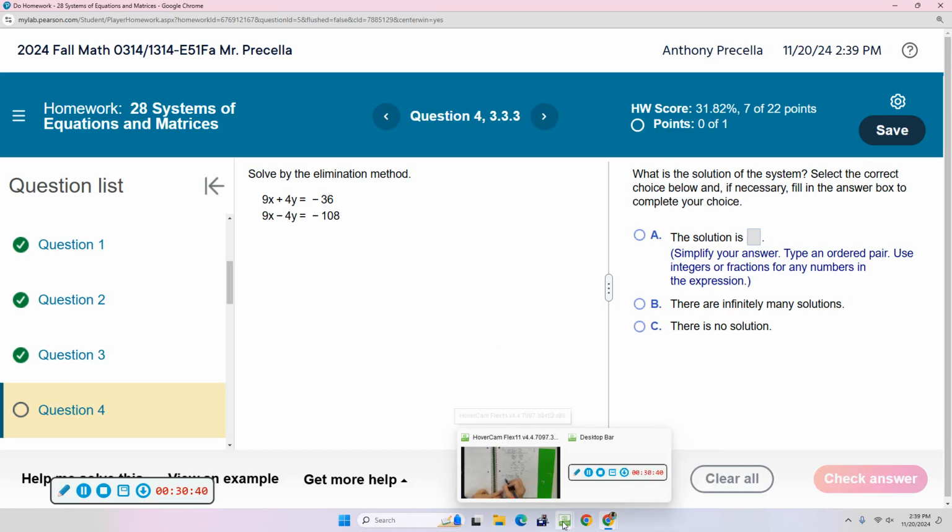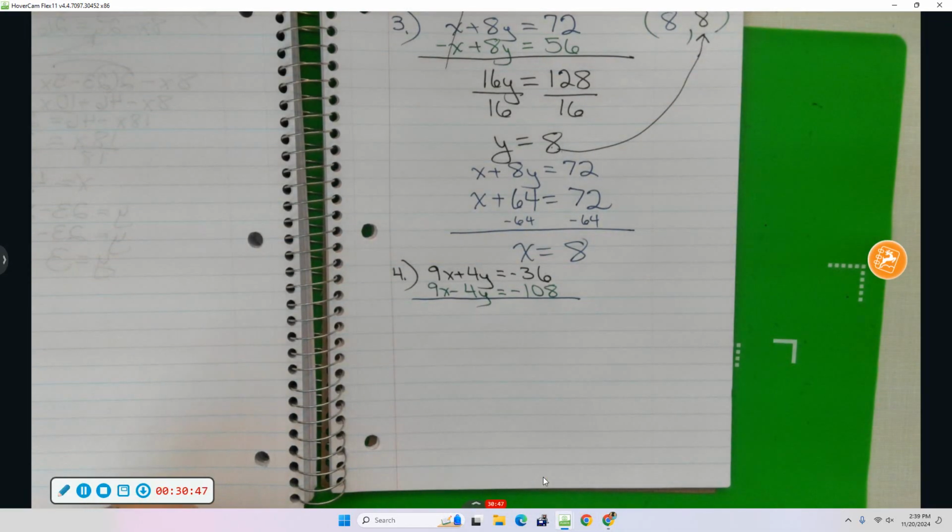Glancing at this for a moment, I thought it was going to be a special case. Okay, looking at this equation, notice we already have the like variables aligned.